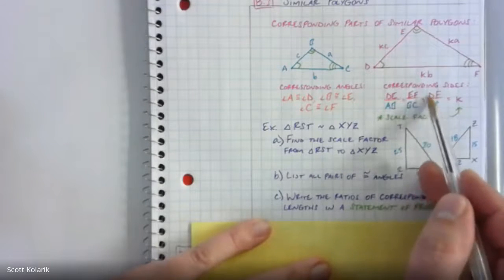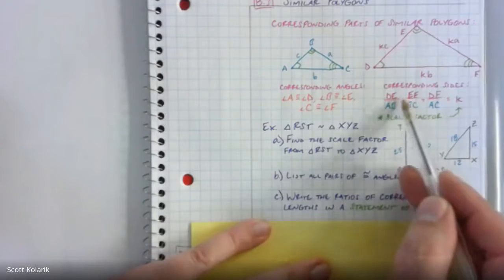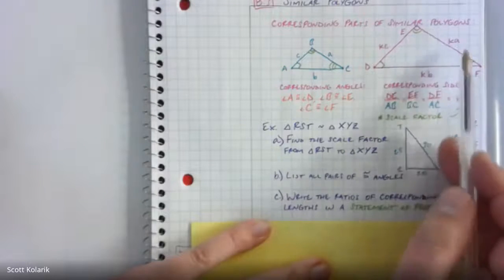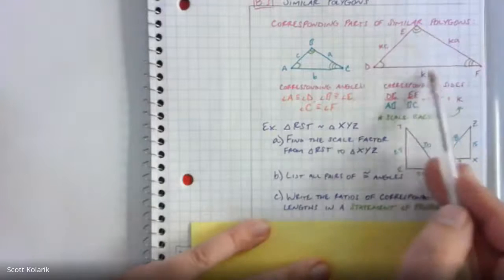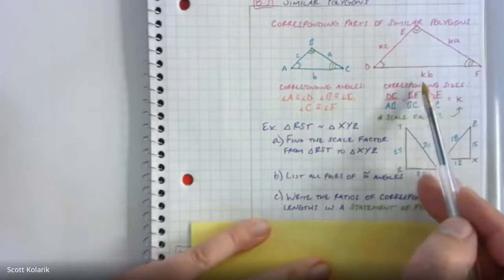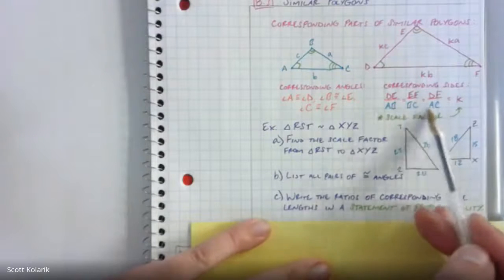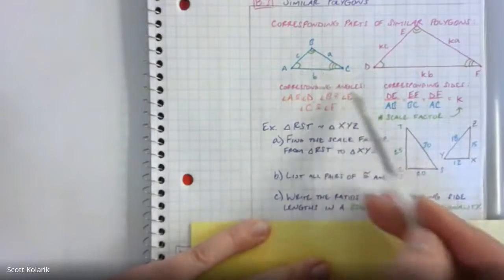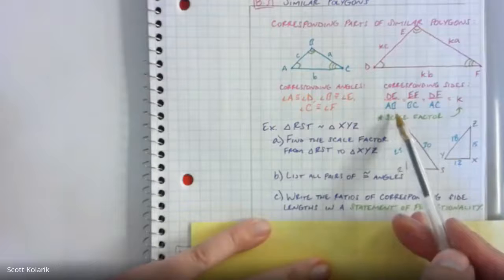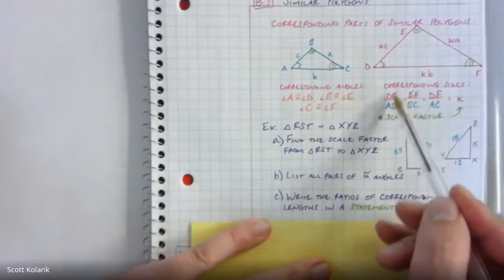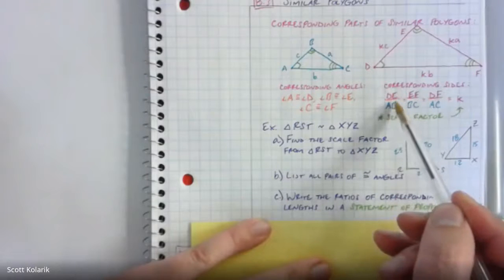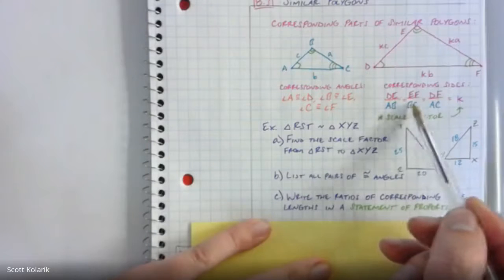Okay, so up here in the numerator, this represented the image, the magnification, the dilation of the original. So the image goes on the numerator, and then in the denominator go the original side lengths, whatever they are. Okay, and again, each of these is a ratio, a fraction, and each of those ratios will equal the others.